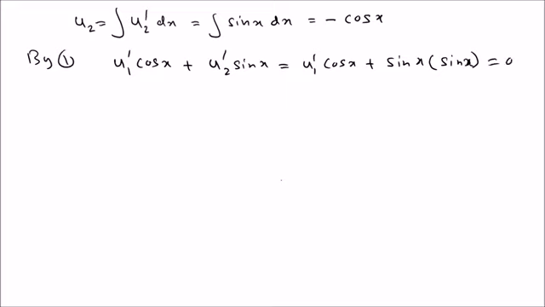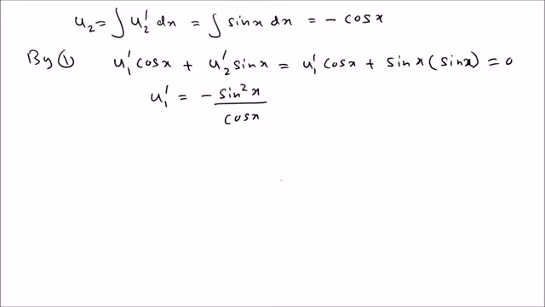Now if you look at the last part, u1 prime is negative sine squared divided by cosine x. That's what you get. Now we have to think of how to integrate this one.